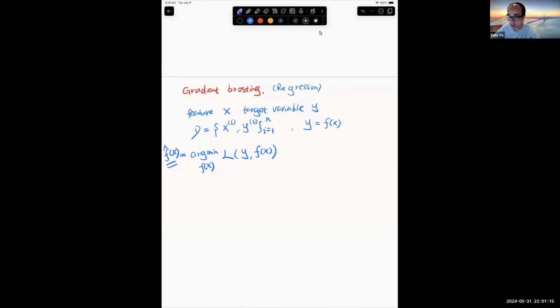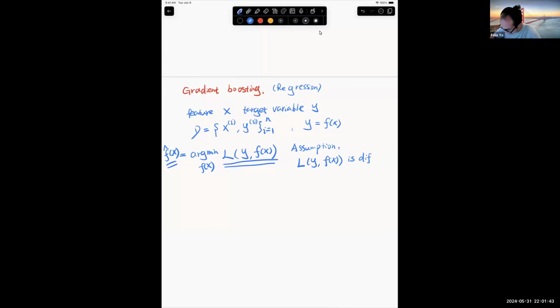And we didn't make any assumptions about the distribution of y either. The only assumption we make is that we want this loss function L to be differentiable.